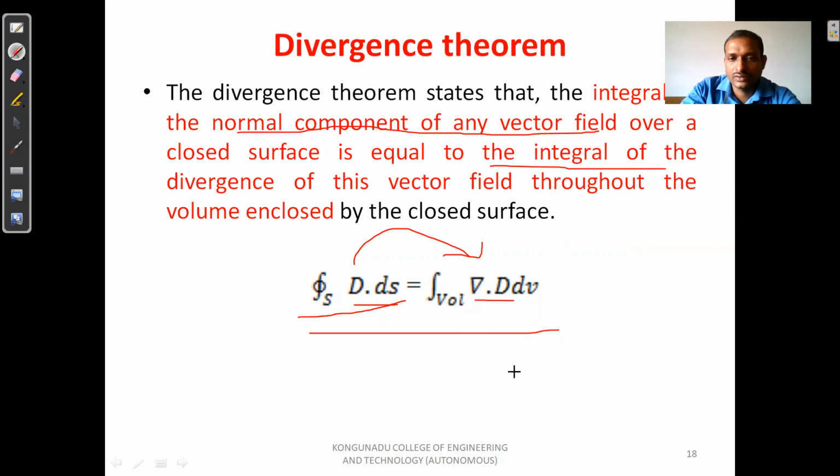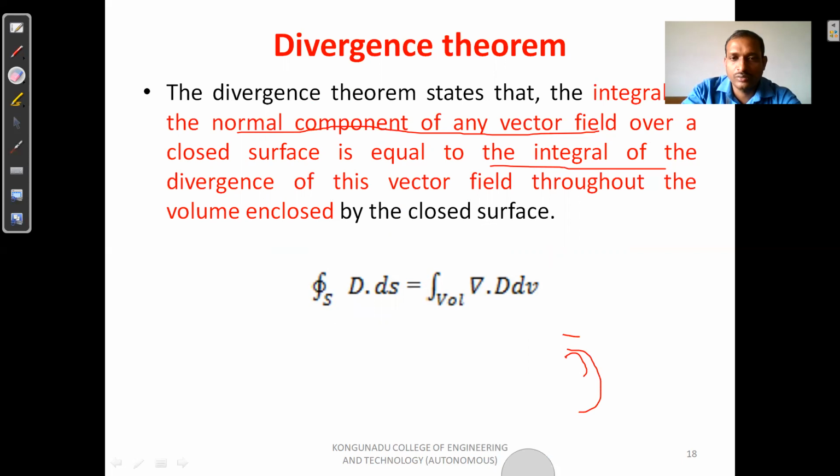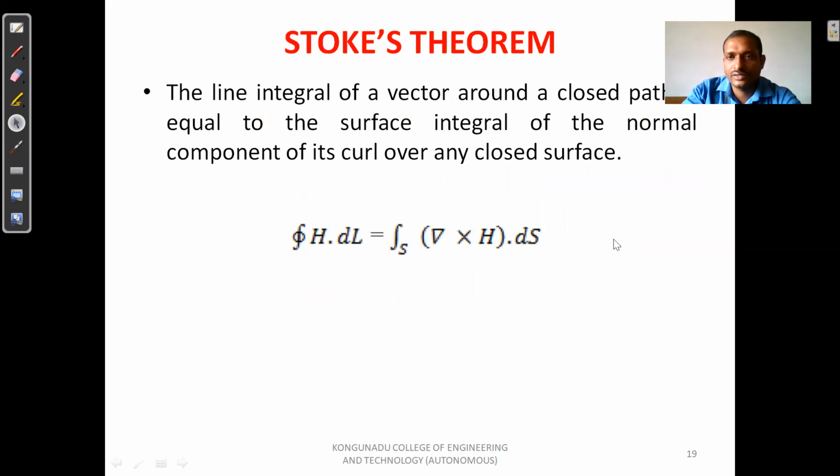Del dot D is called the divergence of the particular vector. So the surface integral of D dot ds is equal to the volume integral of del dot D dv. So we convert the surface integral into a volume integral. This is called the divergence theorem.